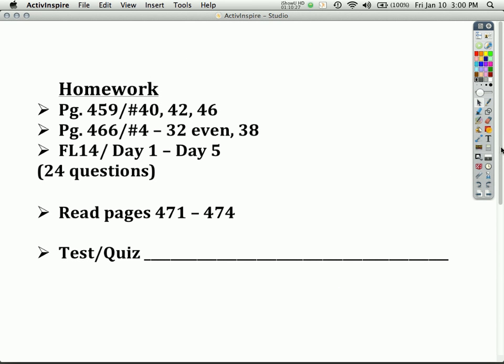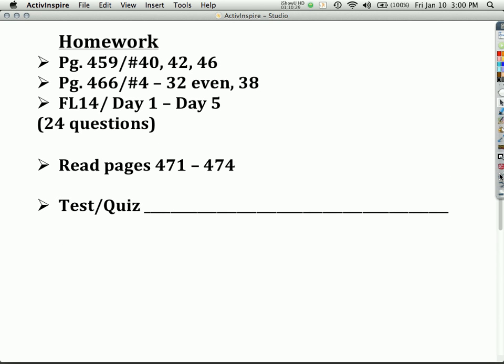Your homework, it looks like a lot, but it's a standard assignment. It's just separated onto 3 different pages. The book publisher kind of babied the concept and they separated it into 7.3 and 7.4. That was not necessary for us, this bright class. So on 459, that's 7.3. You're only going to do a few of the real world scenarios.